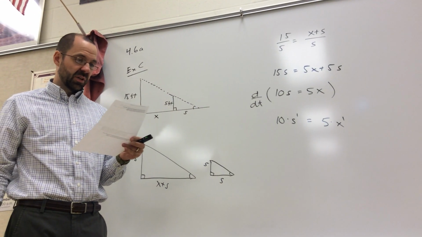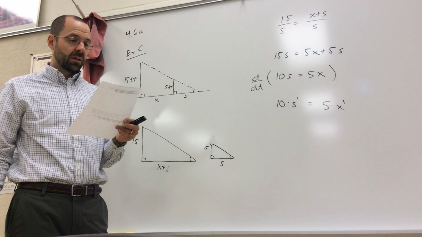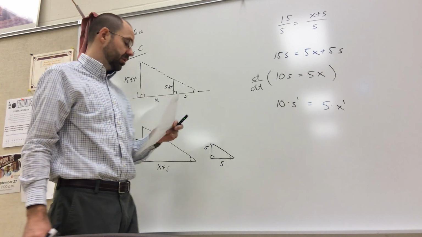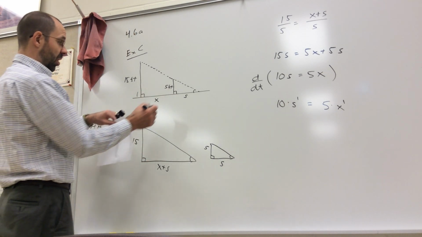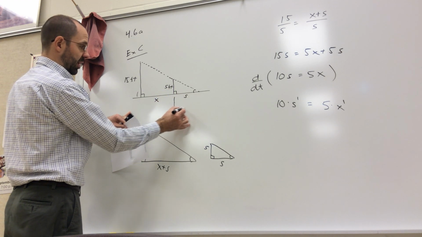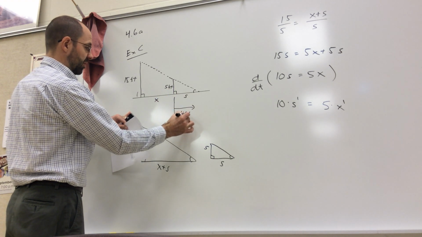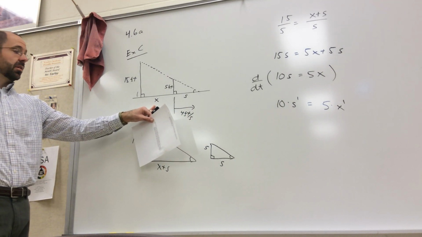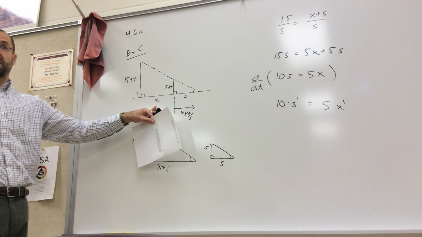Okay, so what other information do we have in here? He's walking at a rate of 4 feet per second. So he's walking. Here's where he is. He's walking this way at 4 feet per second. So that's making x bigger, right?